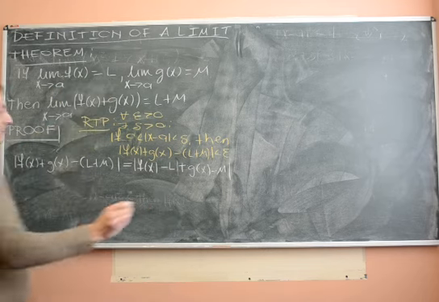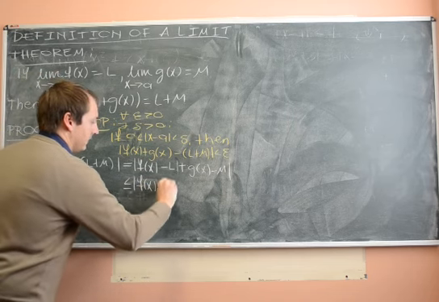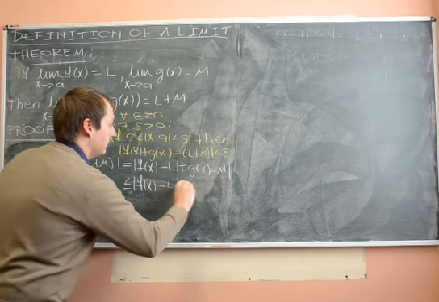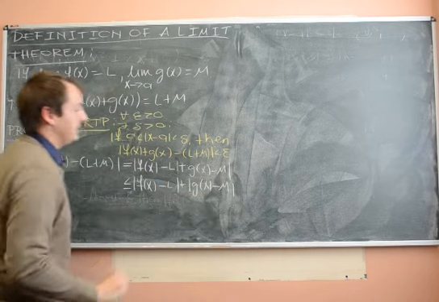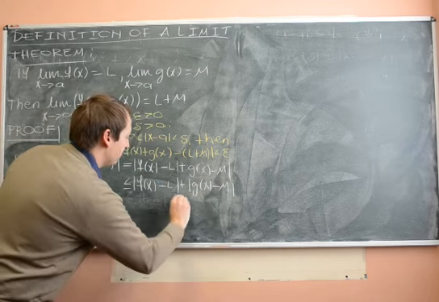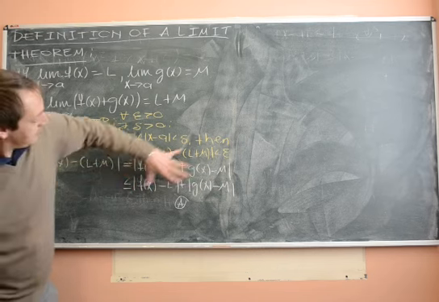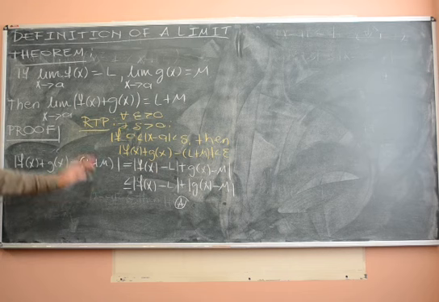And now we use the triangle inequality to get that this is less than or equal to the absolute value of f of x minus L plus the absolute value of g of x minus m. Let's call this inequality A. Now why would we want to do this? Well, these two terms we can control, because they're involved in the definition of a limit for these two limits. So we can take care of them.